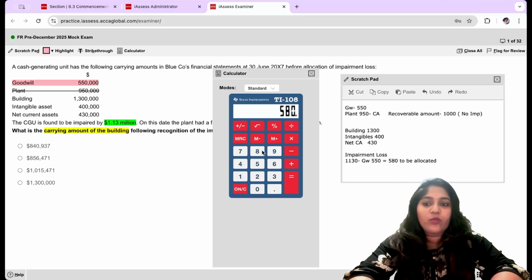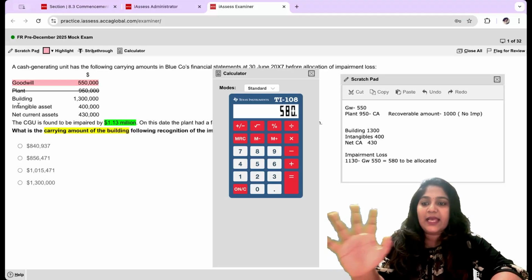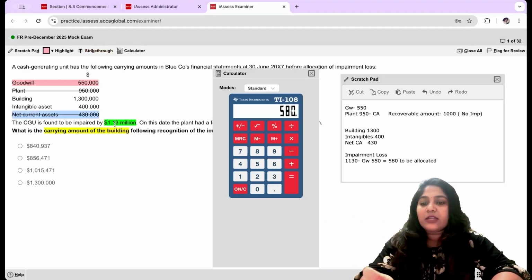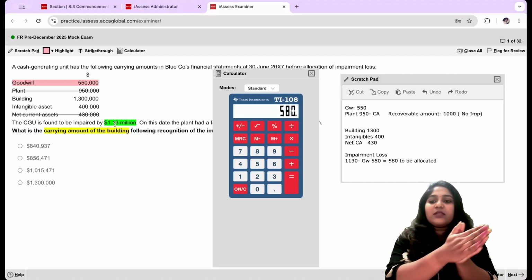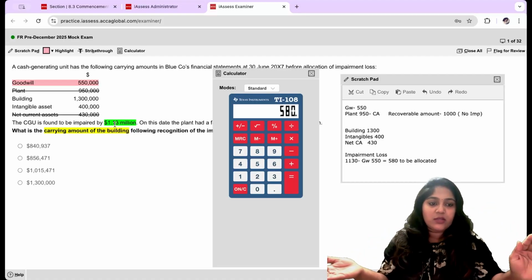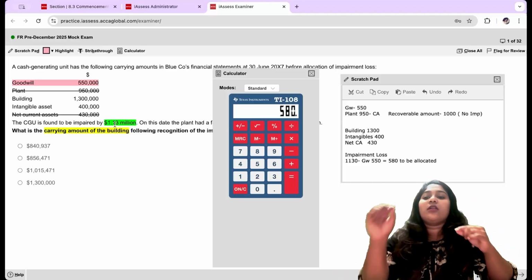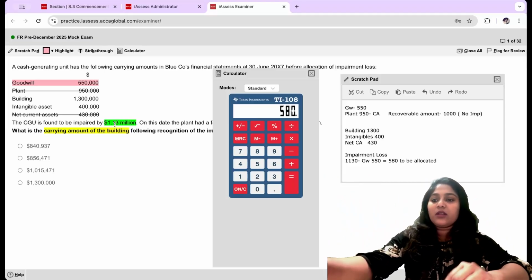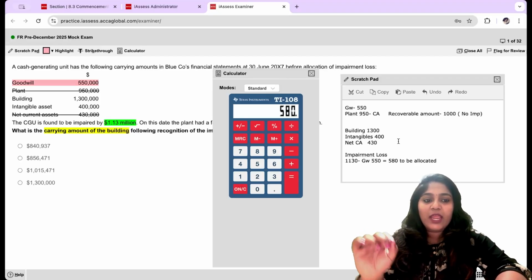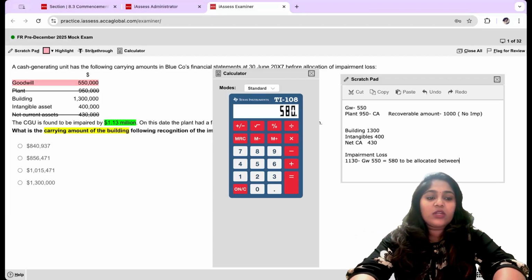This is what I know. What is the next step in impairment? As far as I know, there won't be any kind of impairment on net current assets, because most of the net current assets will always be at their recoverable amount. No impairment loss at all. So I will not allocate any impairment loss to the net current asset. Now the remaining 580 to be allocated between two assets. What are the two assets?